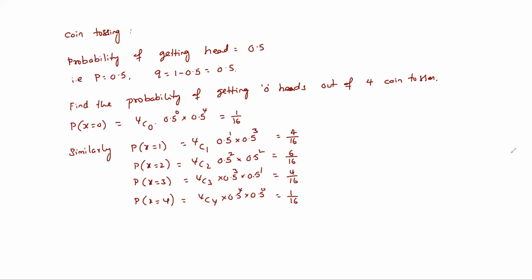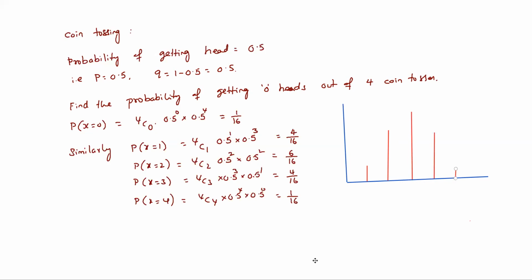So p equal to q means you will get a symmetrical distribution. That is, this is the distribution.